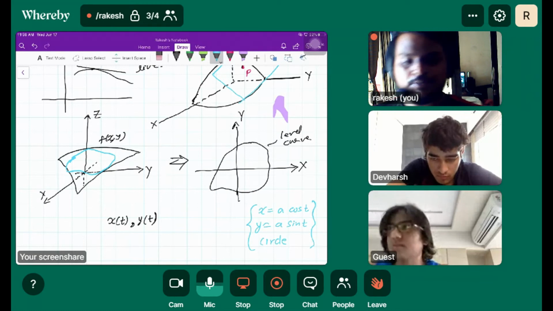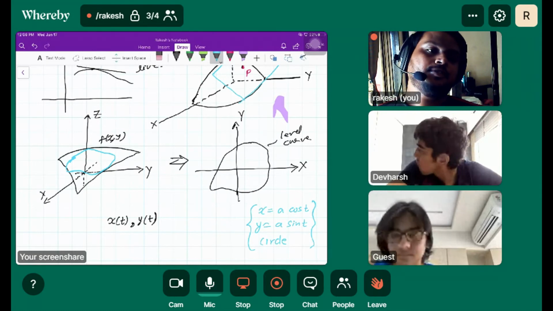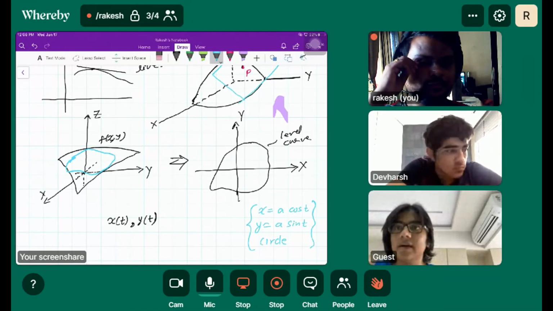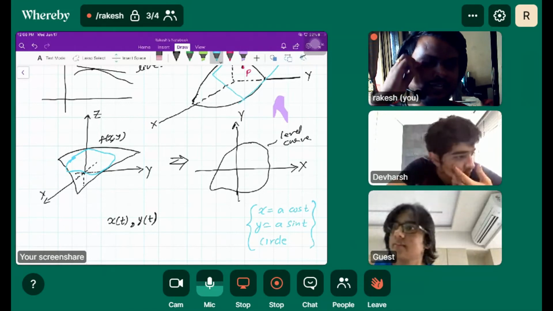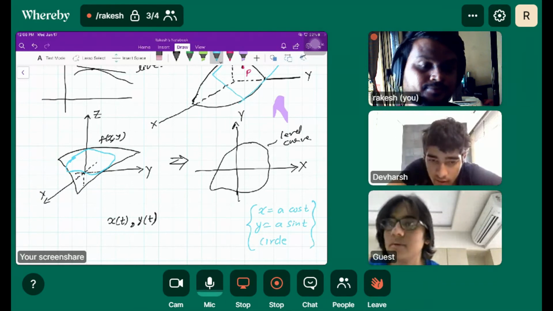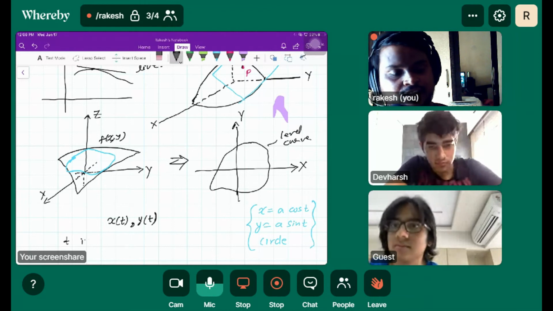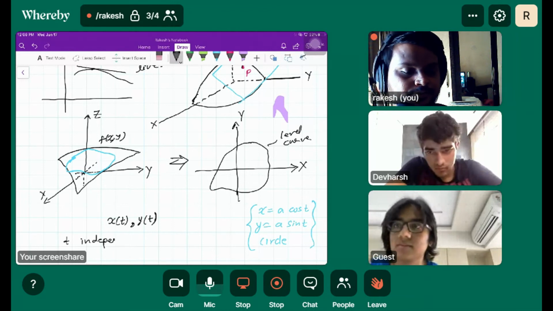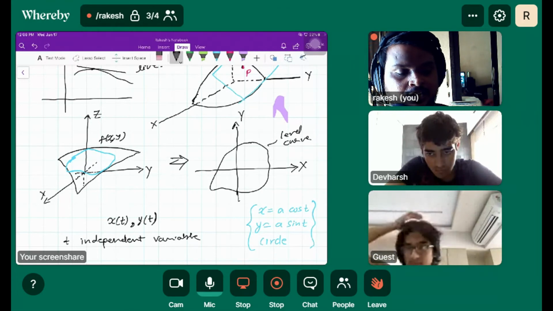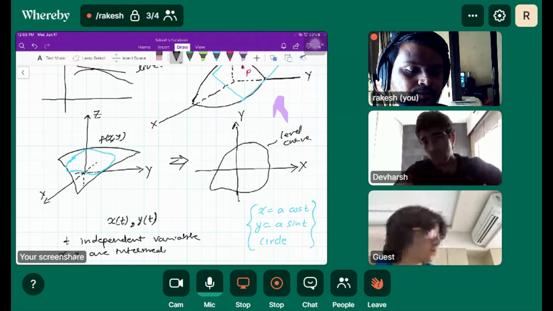So what is the independent variable here? T. And what is x and y? T is the independent variable, and x comma y are intermediate variables.